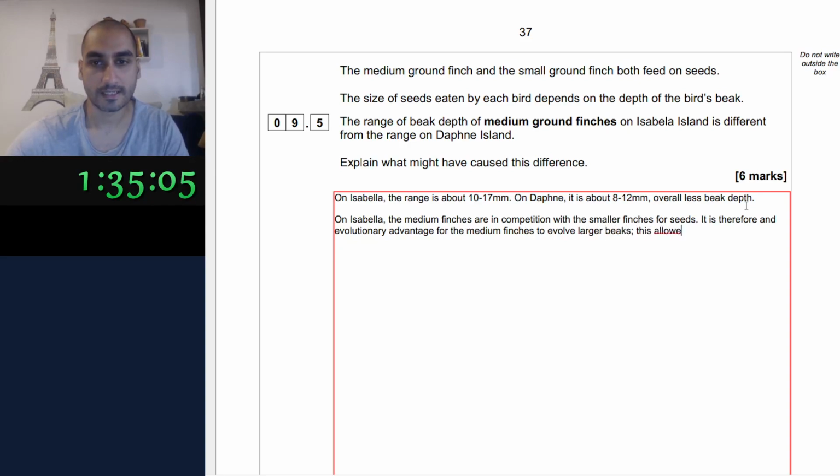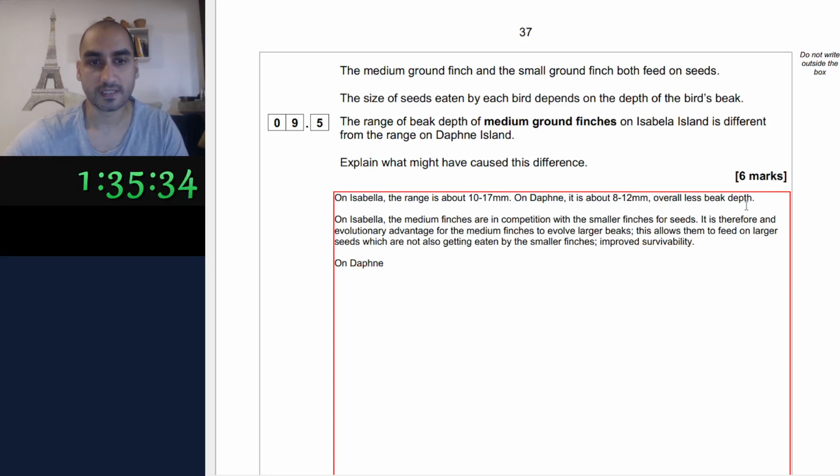This allows them to feed on larger seeds, which are not also getting eaten by the smaller finches. Improved survivability.